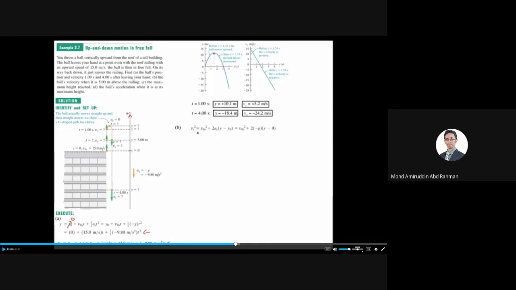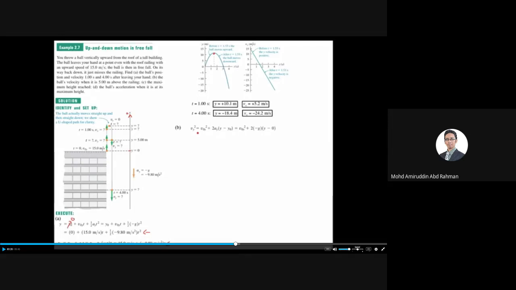So you already obtained the ball's position y and also the velocity v_y at 1 and 4. And then B, the ball's velocity when it is 5 meters above the railing.